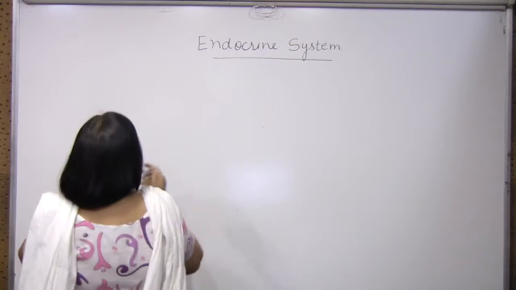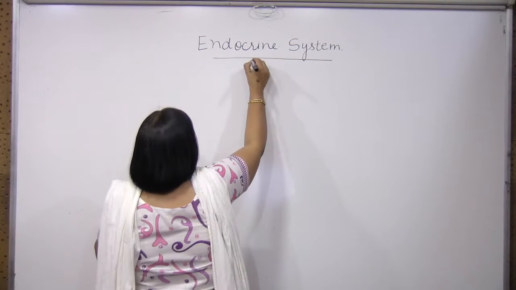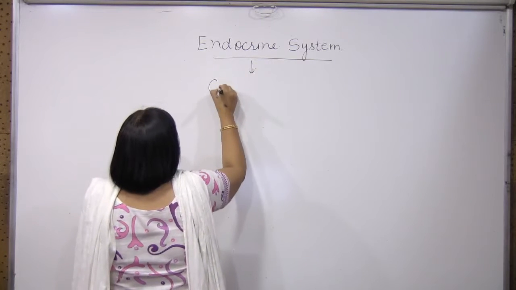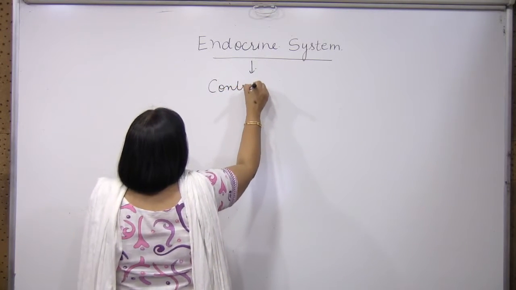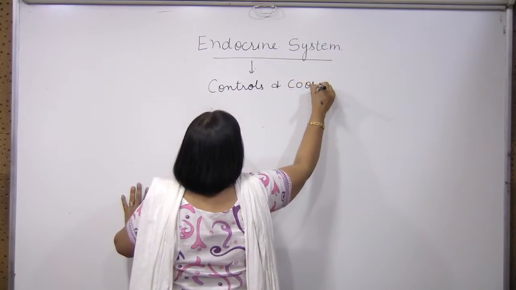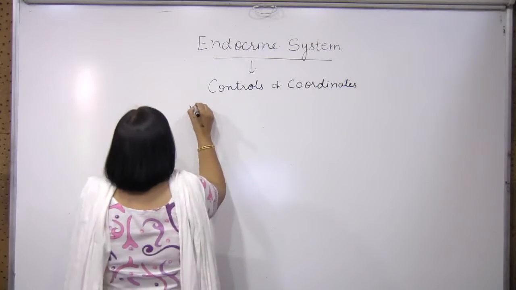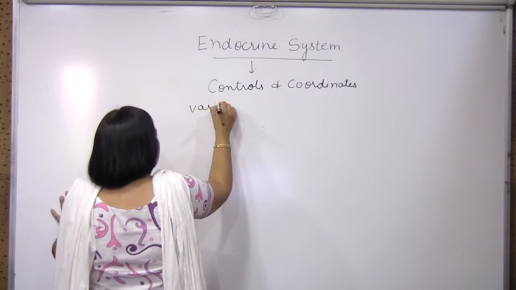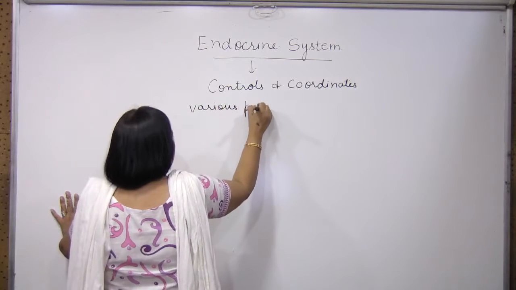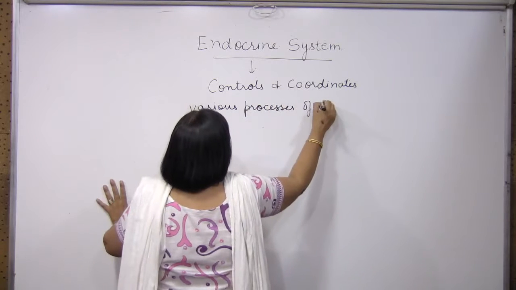So what is the endocrine system? The endocrine system controls and coordinates various processes of our body.